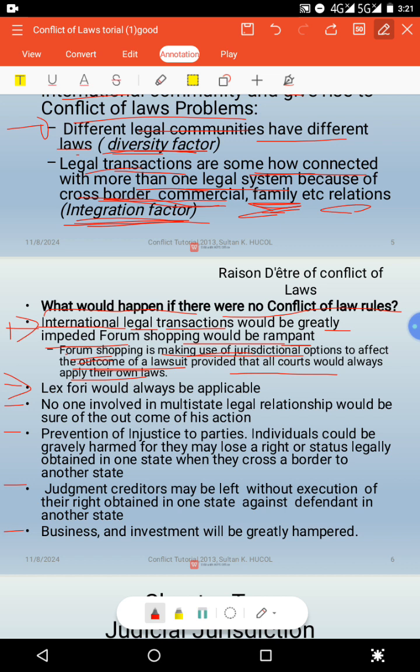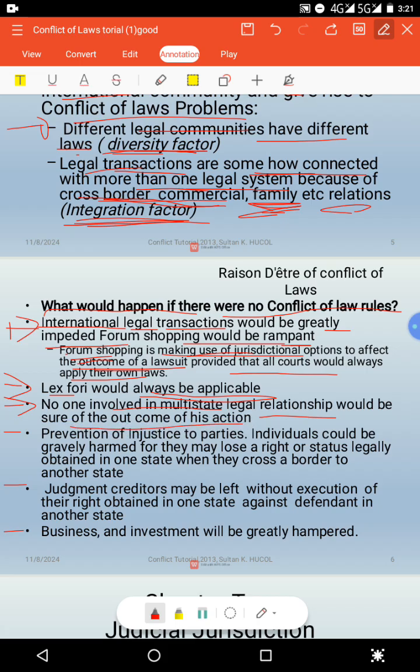The second point is that lex fori would always be applicable. The lex fori and lex causae we will see in a later video. So lex fori would always be applicable. The third point is that no one involved in a multi-state legal relationship would be sure of the outcome of his action.